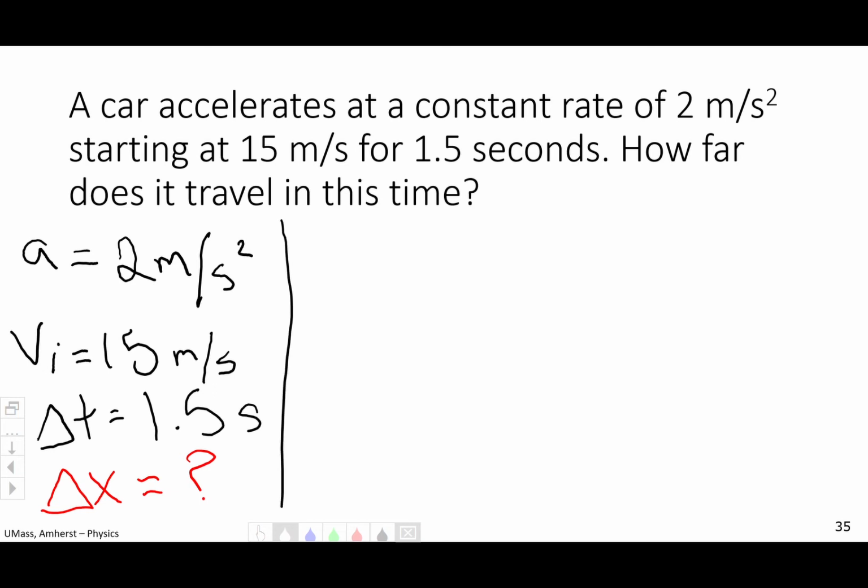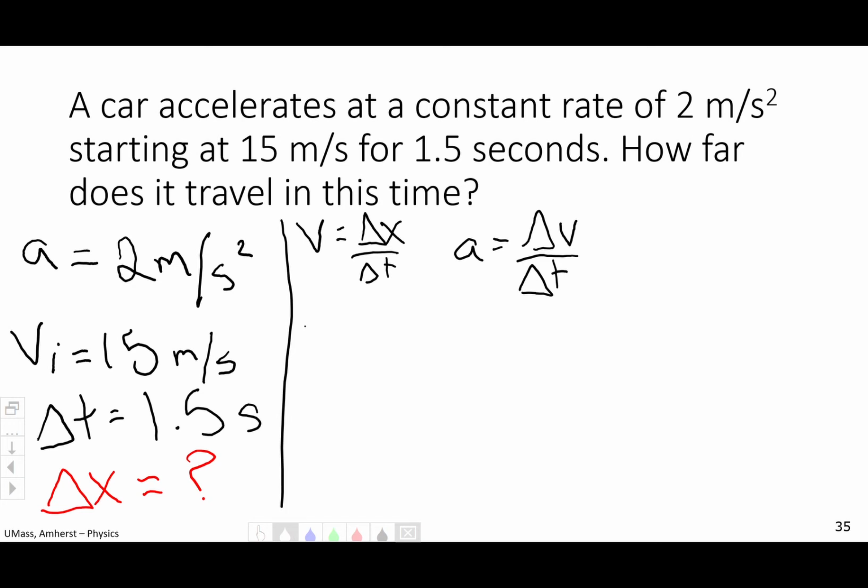So we could skip this step because we just learned a new formula, so you could assume we're going to use it, but it's good practice to list everything regardless. So let's do that. What do we know? We know that v equals delta x over delta t. We know that a equals delta v over delta t.